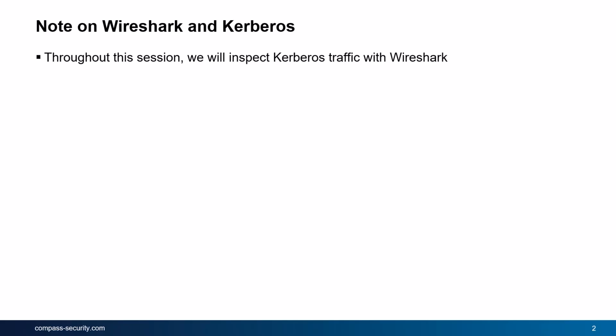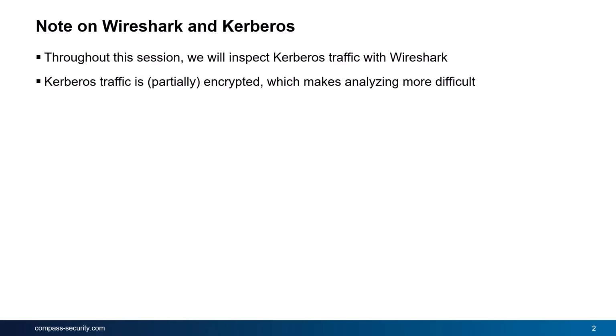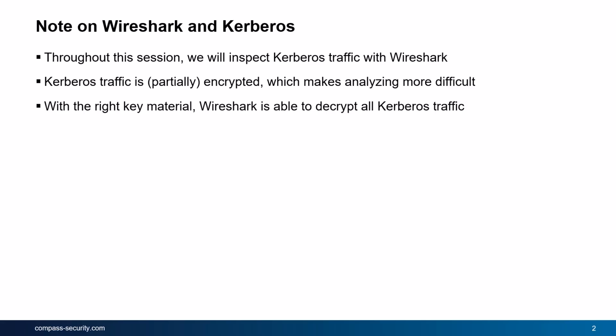As with the other videos in this series, a quick note on the usage of Wireshark. We'll be using Wireshark to inspect Kerberos traffic throughout various labs in this video. And as Kerberos traffic is partially encrypted, the analysis of the packet details is a bit more difficult. So in this video series and in the labs, Wireshark has been configured with the key material of all accounts within our infrastructure.